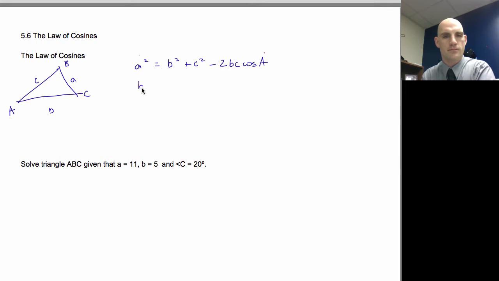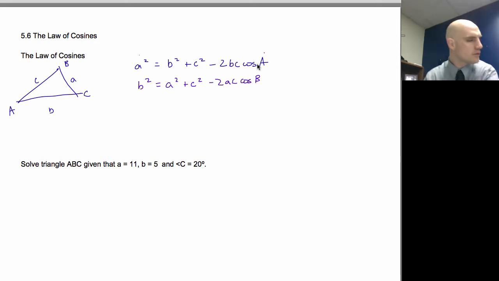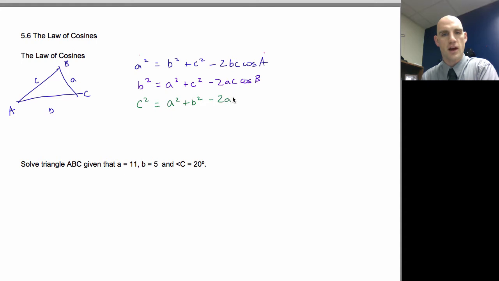Next form: b squared equals a squared plus c squared minus 2ac cosine B. Again, b's on the ends, and then I've got a squared plus c squared, so the other two, and then times 2ac. Third form, you could probably guess it by now: c squared equals a squared plus b squared minus 2ab cosine C.